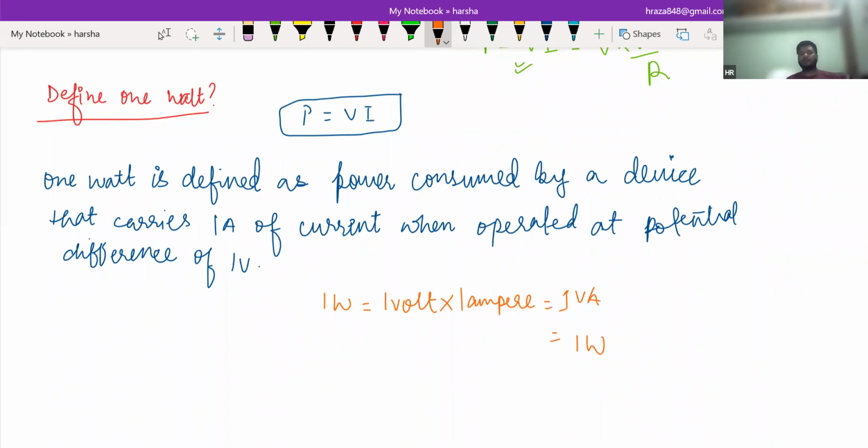So basically a device that carries 1 ampere of current when operated at a potential difference of 1 volt, that is defined as 1 watt. Please write it. Done, everyone?